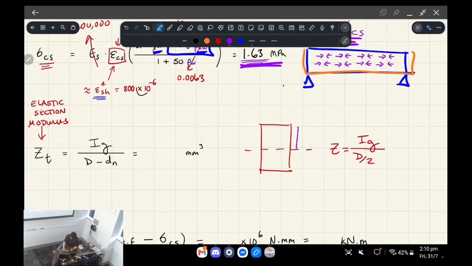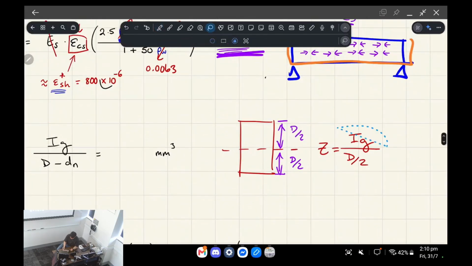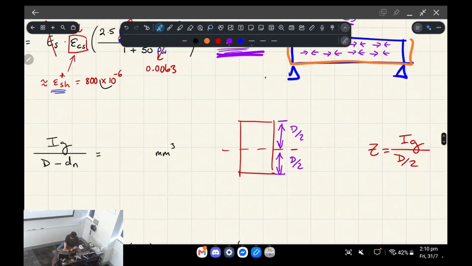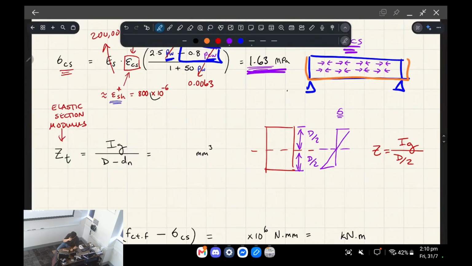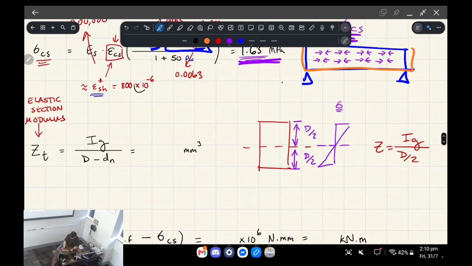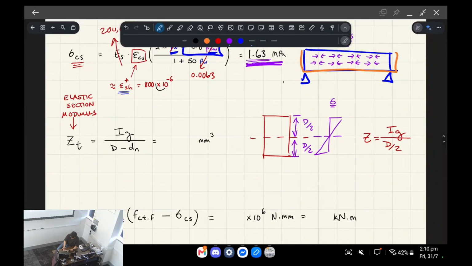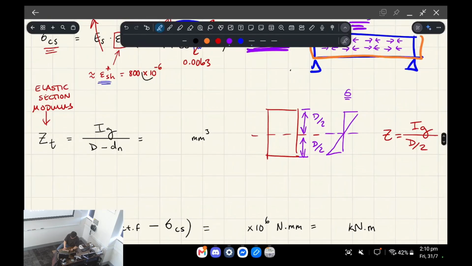And the reason is because if you just had a single rectangle, your neutral axis is located at a distance of d on 2. So if I were to do the stress distribution, and it's elastic, basically it's even on both sides. So that's the case if you had just a rectangle.